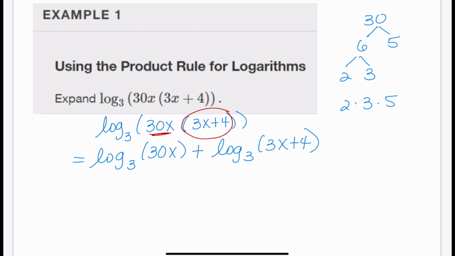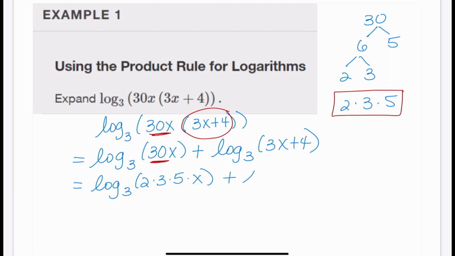Now I'm going to worry about this 30x, and I'm going to use the prime factorization. 2 times 3 times 5 is 30. So I can go ahead and rewrite this first part as the log base 3 of 2 times 3 times 5 times x, plus the log base 3 of 3x plus 4. This 3x plus 4 you're done with.